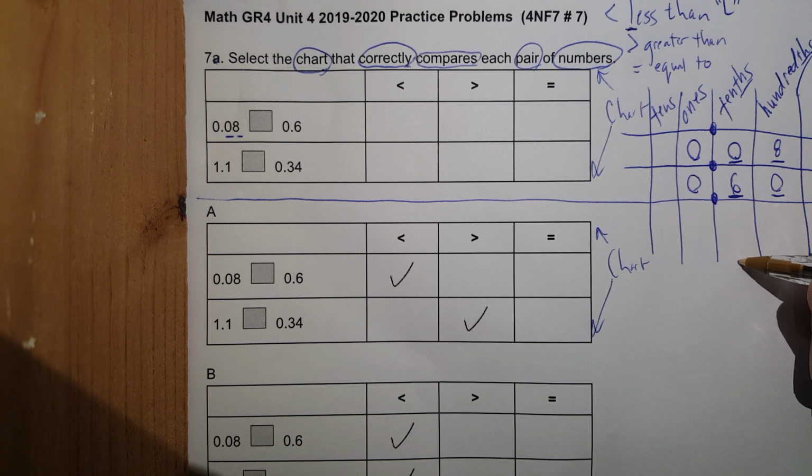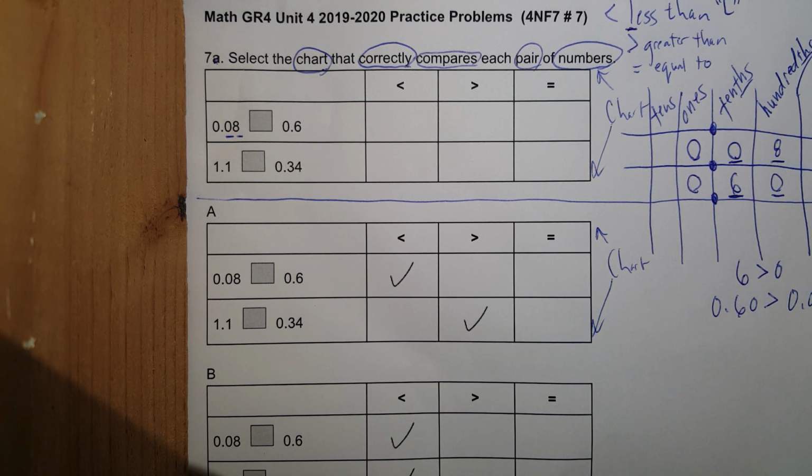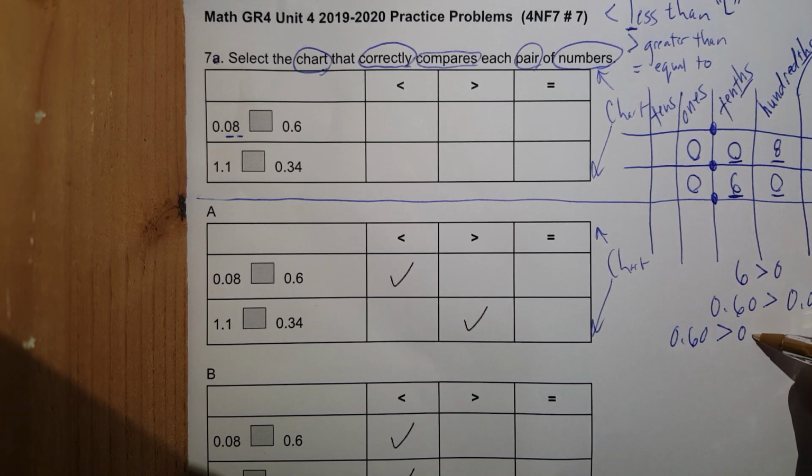I'm going to write that down here. 6 is greater than 0, which would mean 0.60 is greater than 0.08. Sorry, that got cut off over there. I'll write it over here. Doing some remodeling and wasn't looking at the camera.